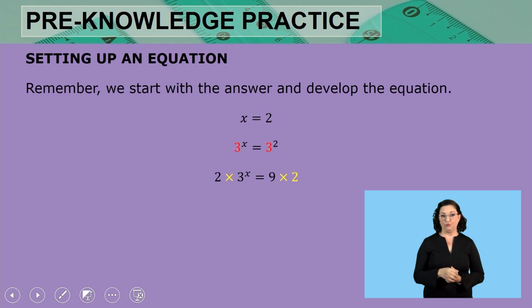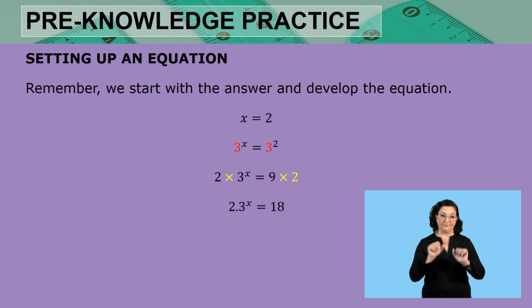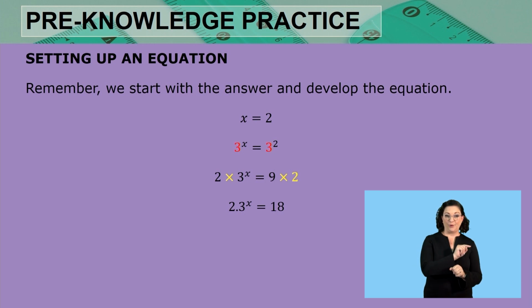And then from those, again, we are going to multiply each side by 2. Now, remember, 3 exponent 2 is 9. And when we multiply both sides by 2, what do we have? We have 2 multiplied by 3 exponent x, and this is equal to 18. And that is our equation there. So when we get that equation, we would know how to solve for it because we know where it comes from.